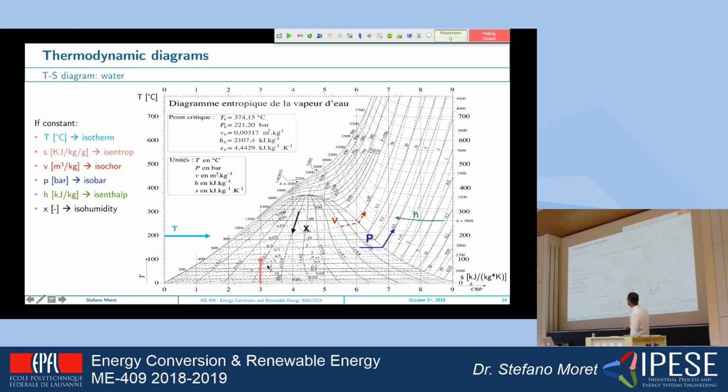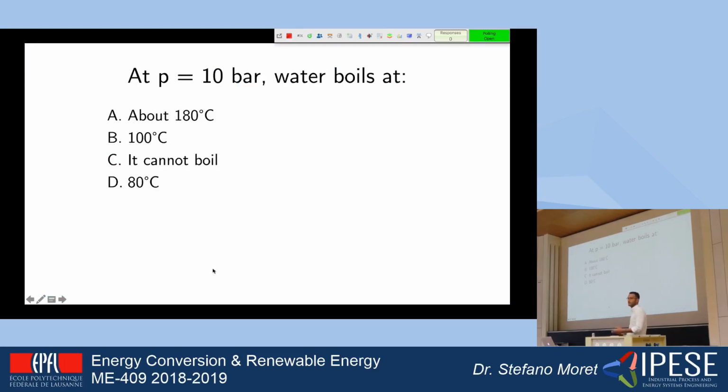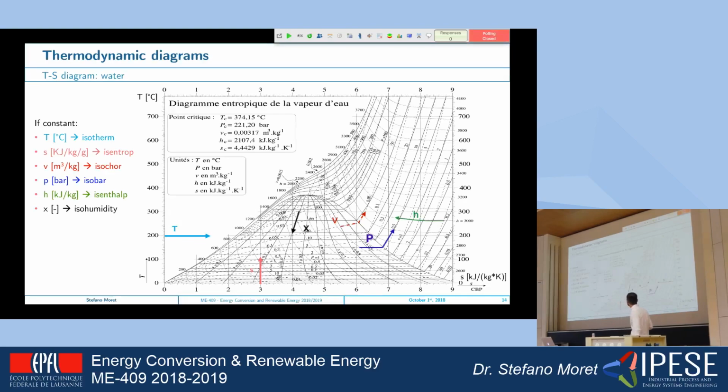All the different lines are drawn by fixing one state variable. The horizontal lines are constant temperature lines. The vertical lines are obviously constant entropy. Being a temperature to entropy diagram, it makes sense.